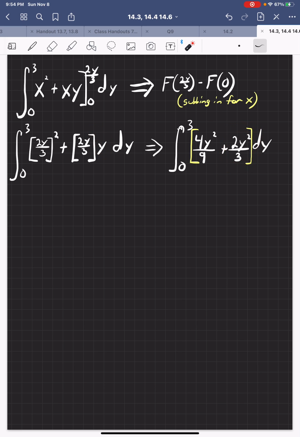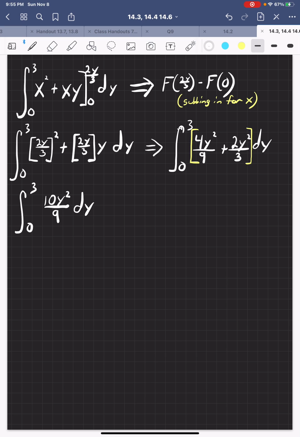And now the only thing I'm going to do is multiply this second fraction by 3 over 3, so that I can get all of this into one fraction. Okay, so when I do so, it's going to look like this, 0 to 3, and that's just going to be 10y squared over 9, and then dy.